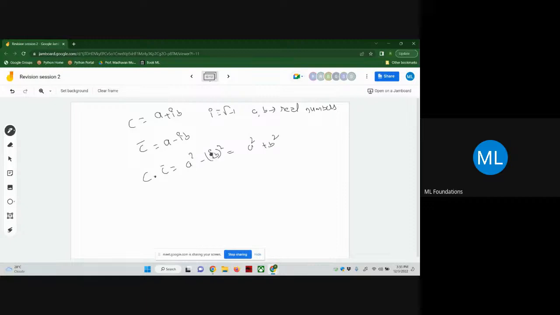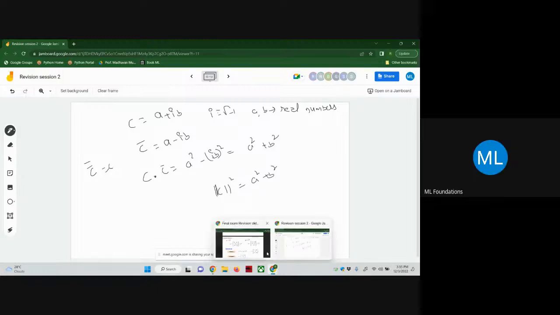Another part is the length of the complex number: the square of the length is a square plus b square, so C times C conjugate gives the square of the length. The conjugate of the conjugate, a minus ib conjugate, is a plus ib. So C conjugate conjugate is equal to C.